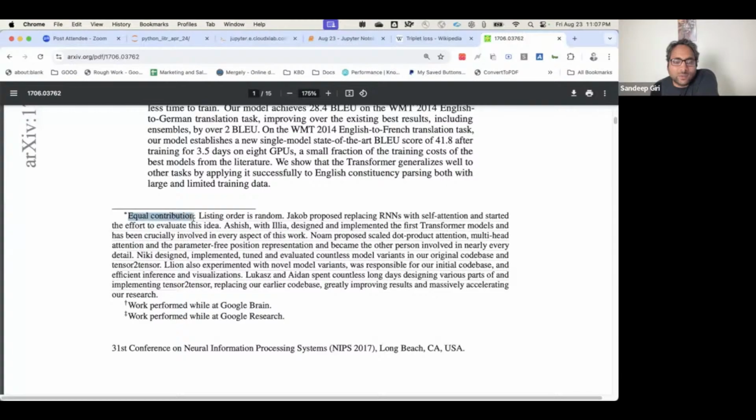All the authors have equal contribution. The listing order is random. Jacob proposed replacing this. It started with this. Ashish and Illia designed and implemented the first Transformer models. Noam proposed scaled dot-product attention, multi-head attention, parameter-free position representation, and so on. Niki designed, implemented, and tuned various variants of the original code base.